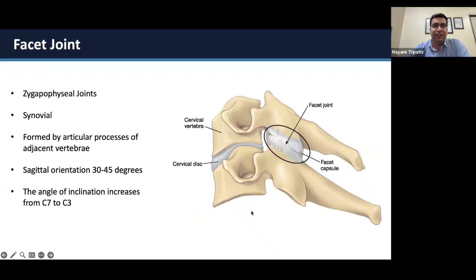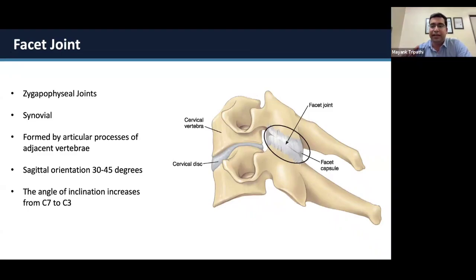Then we have the facet joints, which are also known as the zygapophyseal joints. These are basically synovial joints and are formed by the articular processes of the adjacent vertebrae. They have a sagittal orientation of 30 to 45 degrees. One important thing is that as we go from below upwards, that is from C7 to C3, the inclination increases.